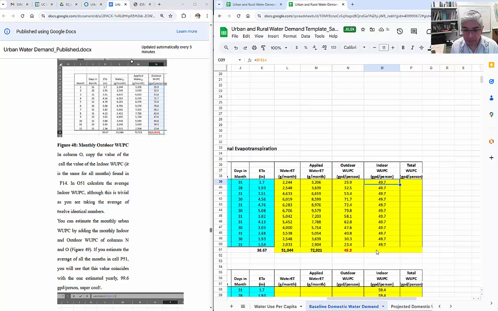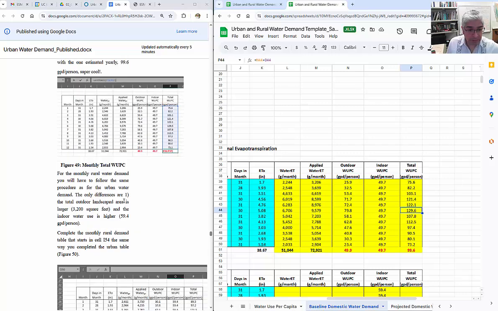These are the indoor water use, and then the total water use will be the sum of these two. As you can see, the water use is not constant throughout the different months. Some months will be way higher and some months will be way lower, and that is because of the different environmental conditions.